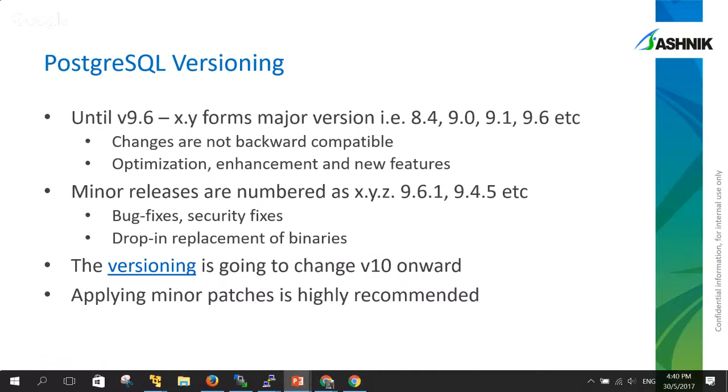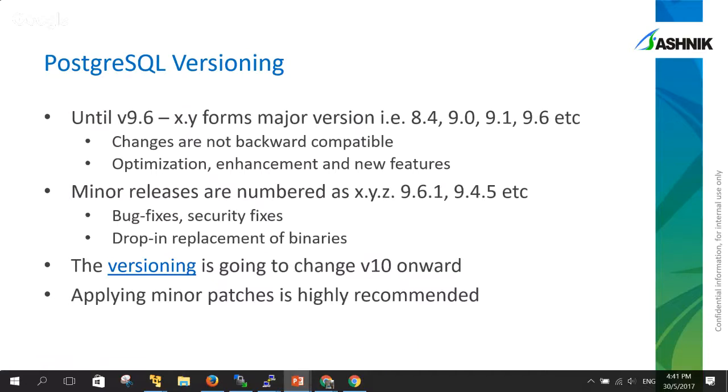Some of the important features coming up in version 10 are logical replication, parallel query enhancements, and better syntax for partitioning. So if you have not liked the partitioning implementation of PostgreSQL so far, there is something great coming up for you in version 10.